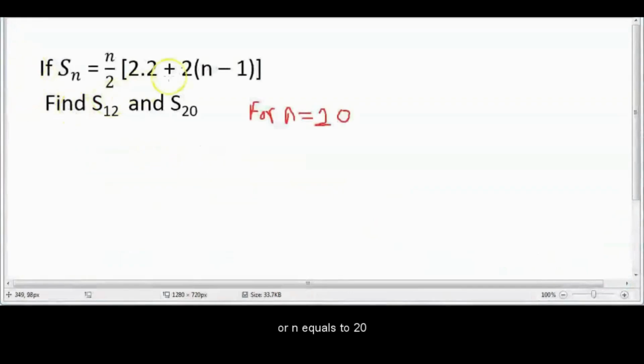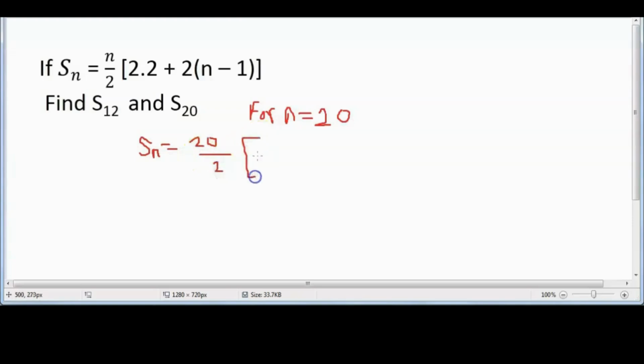For n equals 20, I'm going to have S_n equals 20 over 2, parenthesis, 2.2 plus 2 open bracket 20 minus 1 close bracket close parenthesis.